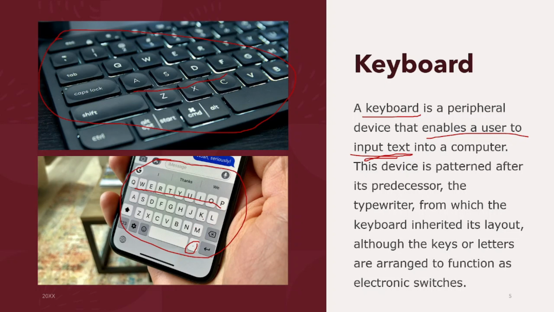This means that the keyboard is a device patterned after its predecessor, the typewriter, from which the keyboard inherits its layout, the letters and the keys, and the arrangement. So the earliest ancestor of the keyboard is our typewriter.